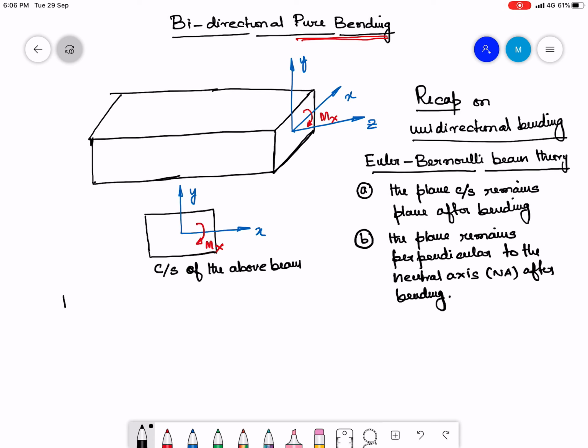So pure bending is going to produce only direct or normal stress.